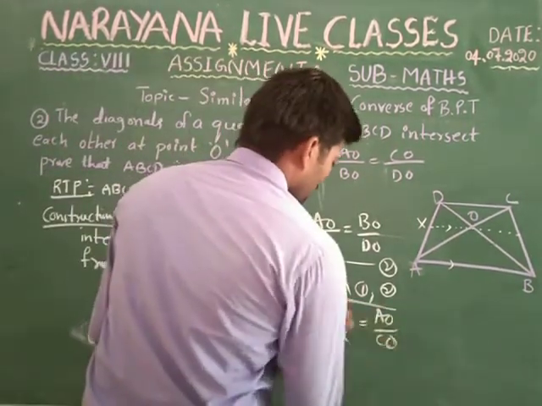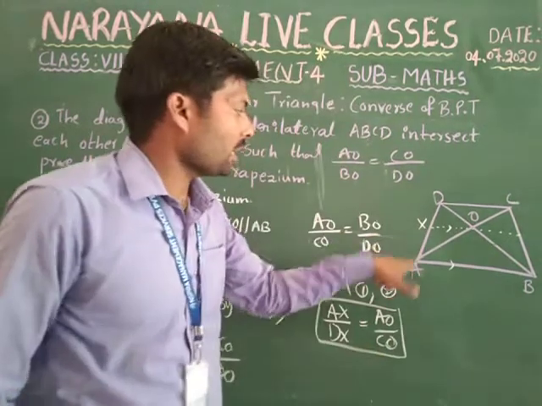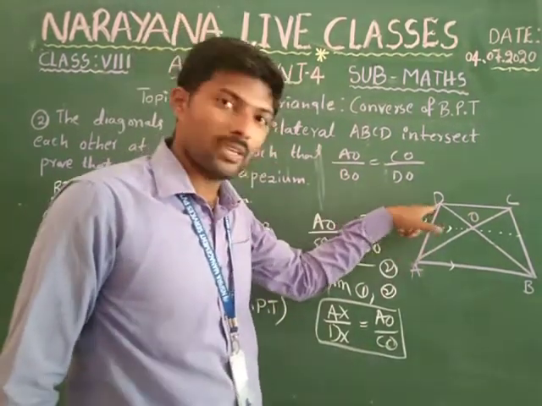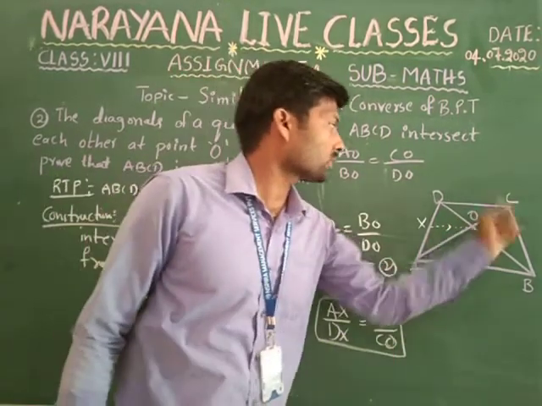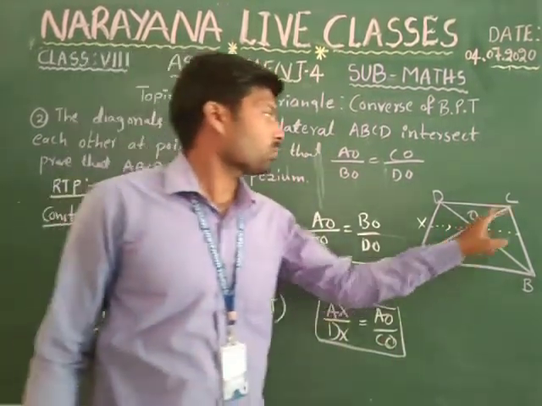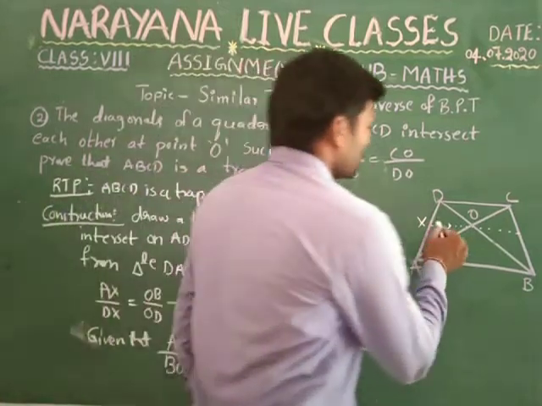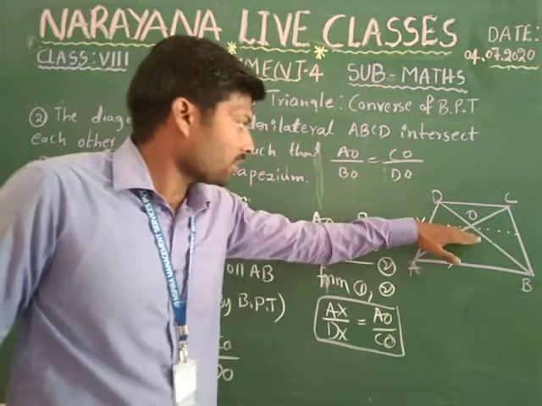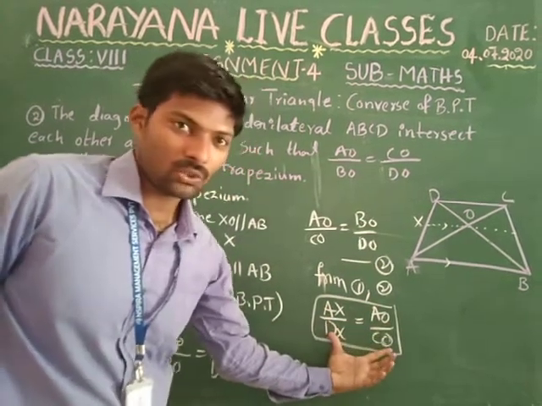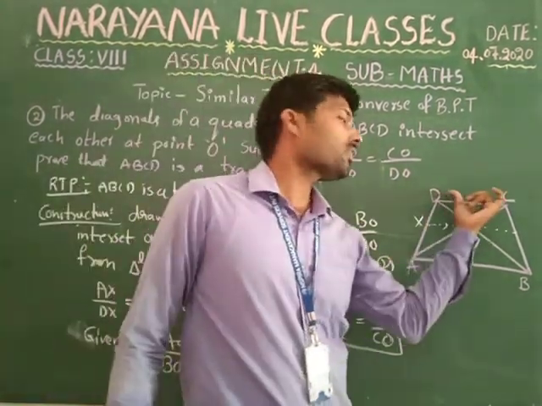So from this I can say that AX by XD is equal to AO by OC. AO by OC means this line is parallel to CD. XO is parallel to DC: a line which divides the remaining two sides in the same ratio is parallel to the third side.